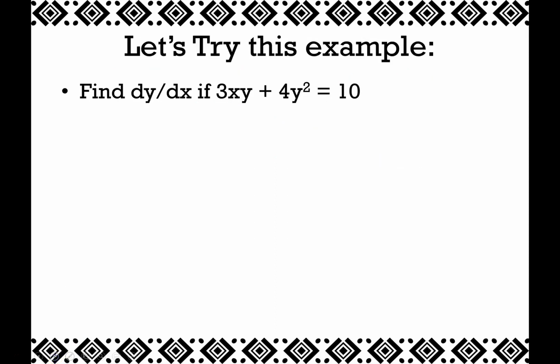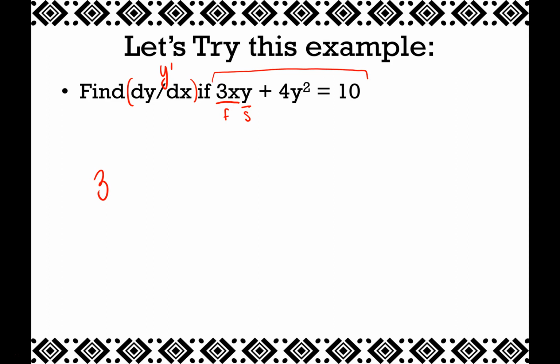Let's actually do a problem now. So what we're going to do here, instead of using dy dx, let's go ahead and use y prime. This dy dx and y prime are exactly the same thing. So let's call this my first, and let's call this my second. I'm going to take the derivative of everything here. What's the derivative of my first?